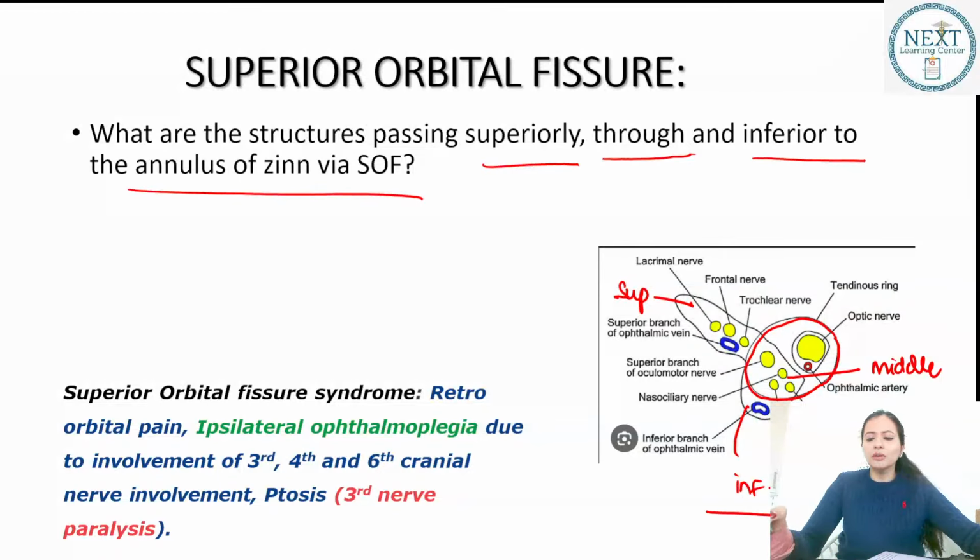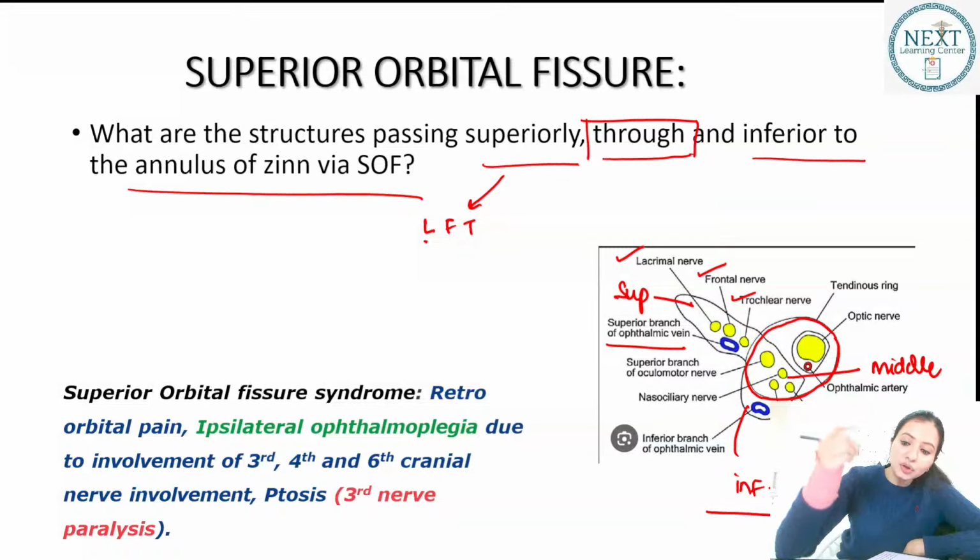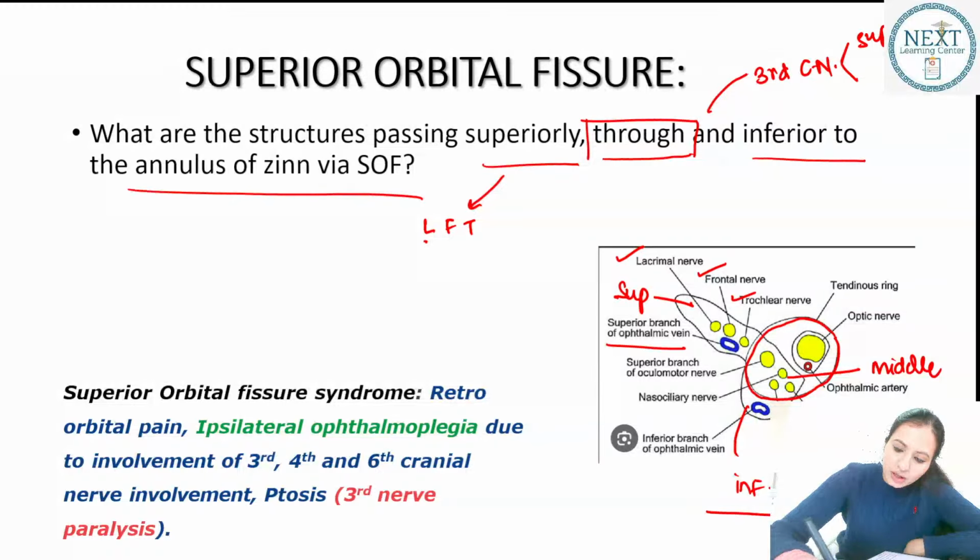Now, if we talk about the structures that pass superiorly, through and inferior to the annulus of Zinn, then superiorly, learn one mnemonic, it is LFT: lacrimal nerve, frontal nerve and the trochlear nerve, okay, and then obviously the superior branch of ophthalmic vein. If we talk about the structures that pass through, that is going to be your third cranial nerve, superior division and inferior division.